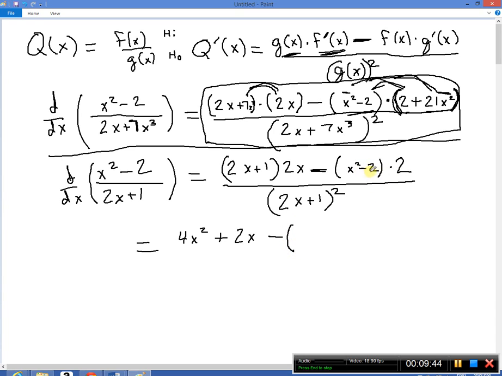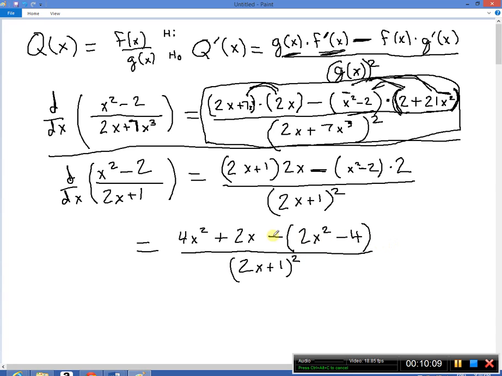So I don't try to be fancy with distributing the minus just yet. So this is going to be minus the quantity, 2x squared, and then minus 4. I don't try to do too much in my head. It's easy to make a mistake that way. Divided by 2x plus 1 squared.